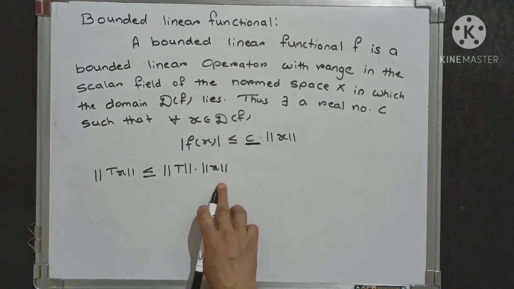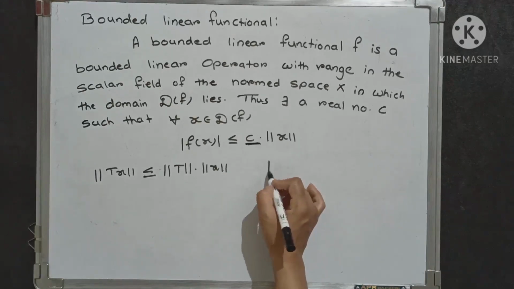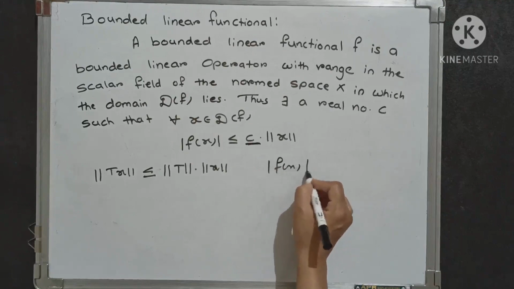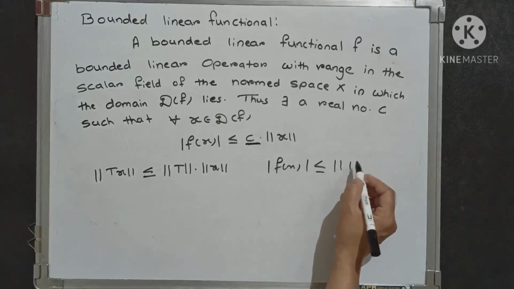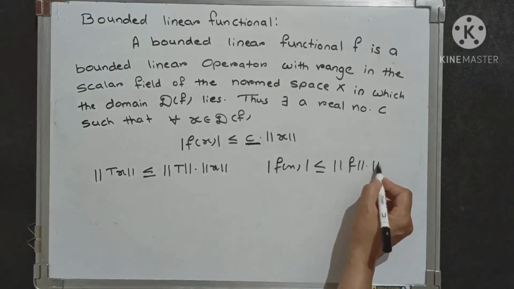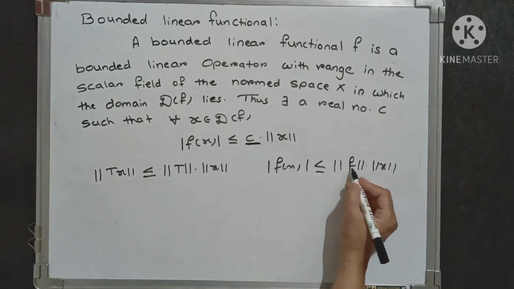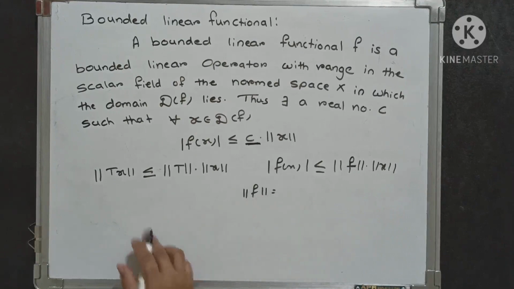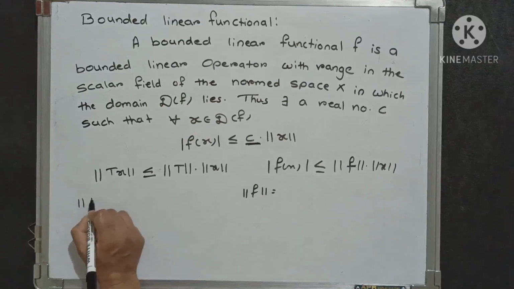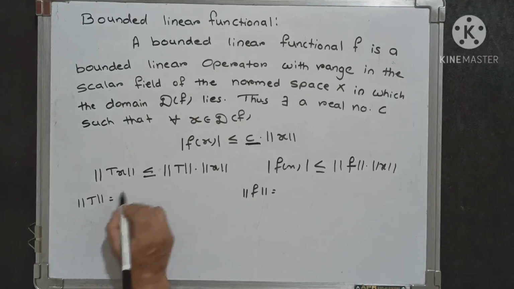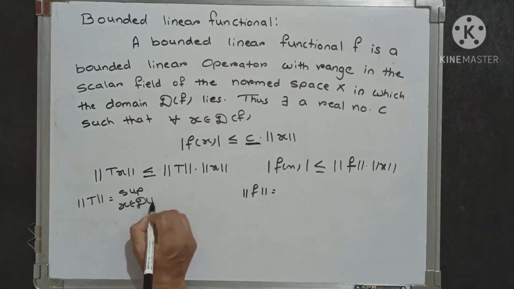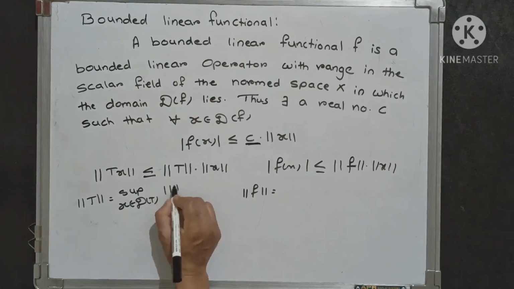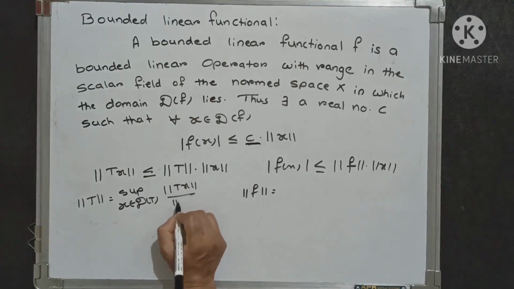In the same way, this equation becomes mod of f of x is less than or equals to norm of f into norm of x, where this norm of f is defined like this. As we have the norm of T, it is equals to the supremum over x belongs to D(T), x not equals to 0, of norm of Tx divided by norm of x.